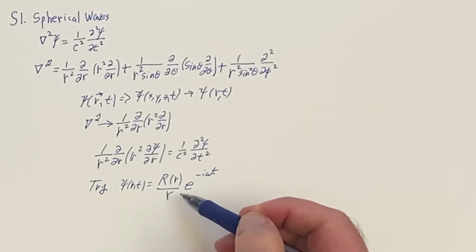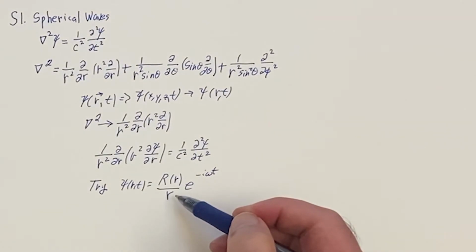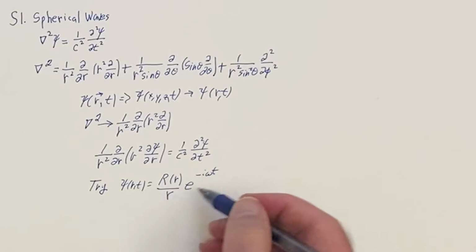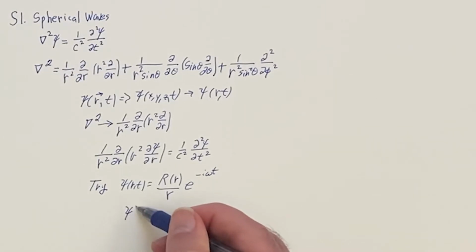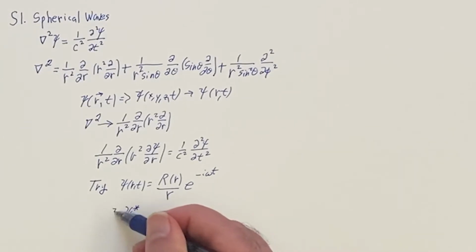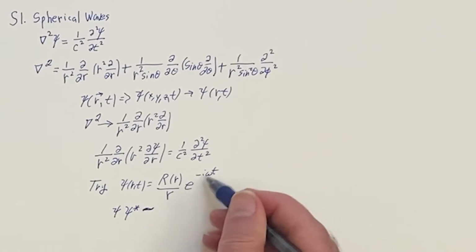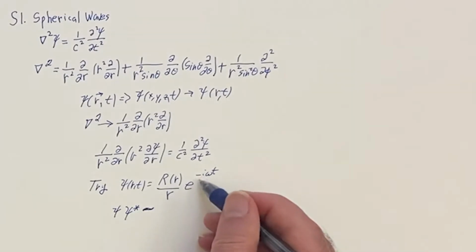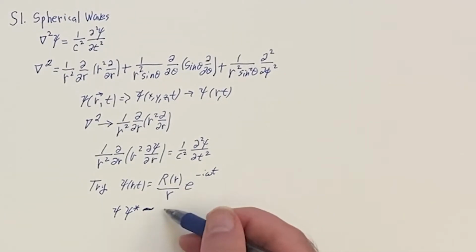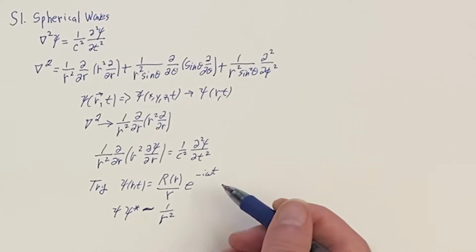So when you take psi star psi for the intensity, the exponential goes away because the star makes that a plus. So you'll basically have something proportional to 1 over r squared.